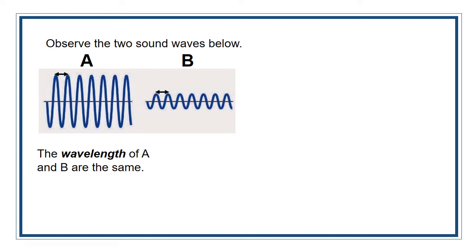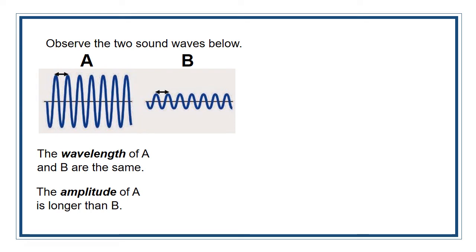Now next, how about the amplitude of A and the amplitude of B? The same or different? They are different, right? If they are different, which one has a longer amplitude and which one has a shorter amplitude?